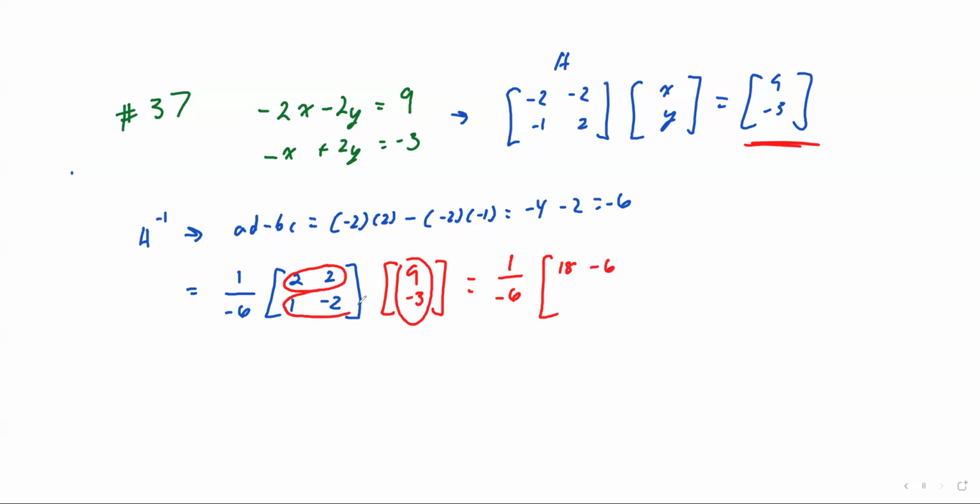And then row times column: 1 times 9 is 9, -2 times -3 is 6. That would give me 12 and 15. And then now you distribute. So this will give me -2 and -15 over 6.